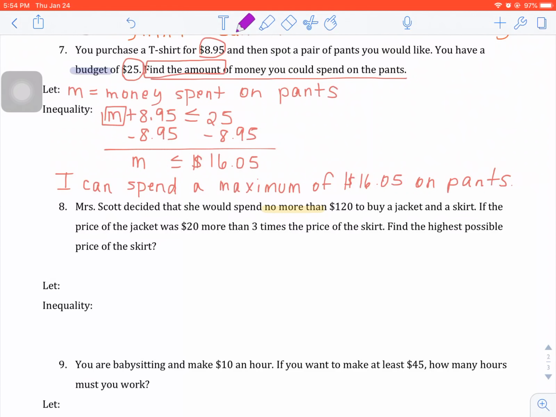Okay, so our key numbers are going to be 120, $20, and 3. Our question is, find the highest price of the skirt. And our key math action words. We've got times.